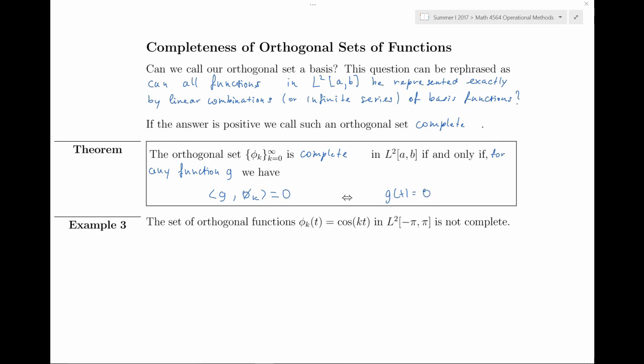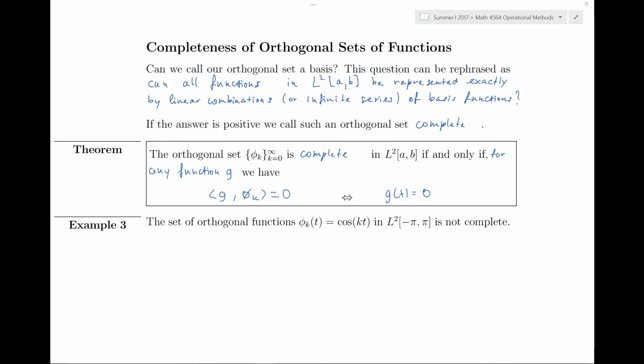This is how we can understand this. If g is a non-zero function and we have a complete set, then there will be a basis element that will give us a non-zero dot product. And if all dot products are zero, then we must be dealing with a zero function.